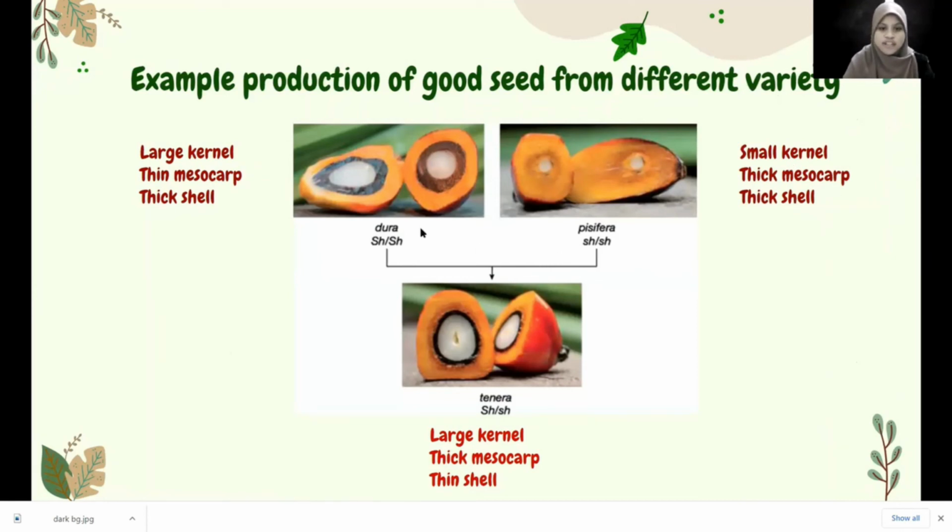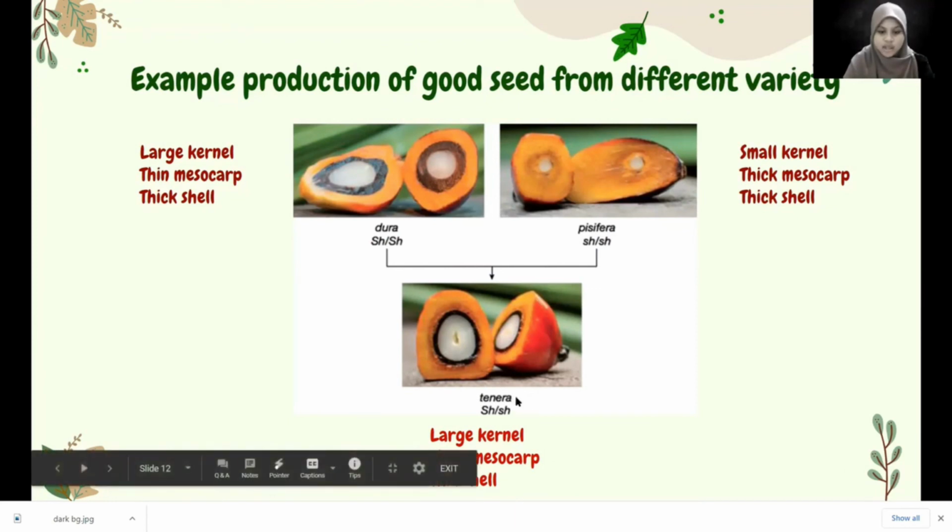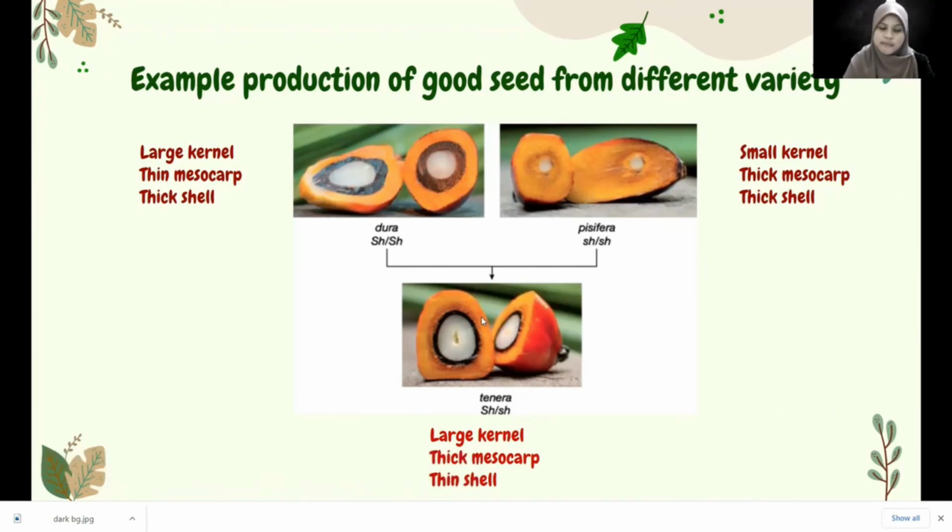From both of these varieties, we can combine them to make a better seed, which is Tenera. Tenera has a large kernel, large mesocarp, and thin shell. So from this, the farmer can obtain a lot of oil from the oil palm fruit.